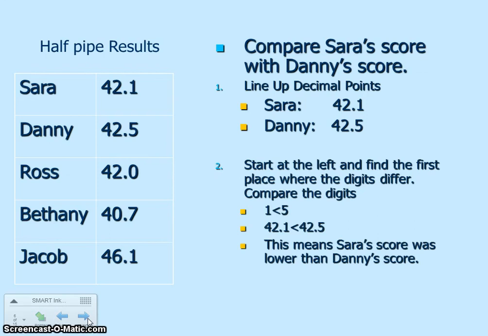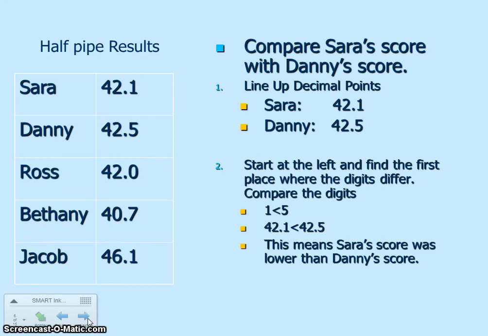So if we start to the very left in the tens place, we notice that the 4 is the same. We move to the next place value, which would be the ones place. And notice that on Sarah and Danny's score, the 2 is the same. So we're going to move to the other side of the decimal point and we're going to compare tenths. If we look at Sarah's score in the tenths place, there's a 1, and Danny has a 5 in the tenths place.